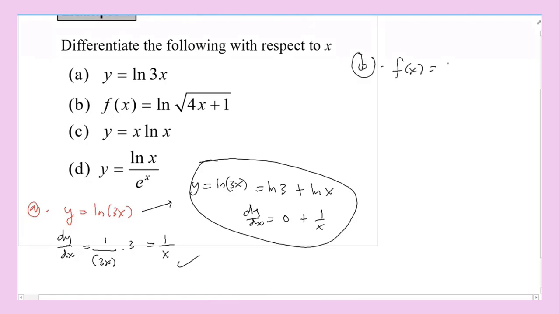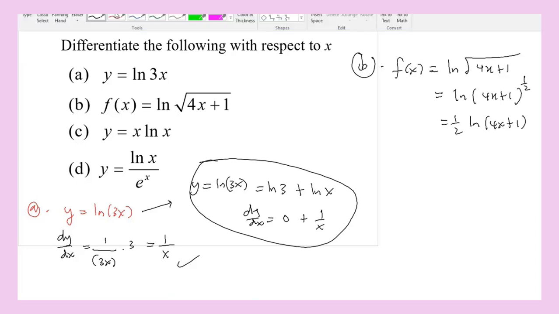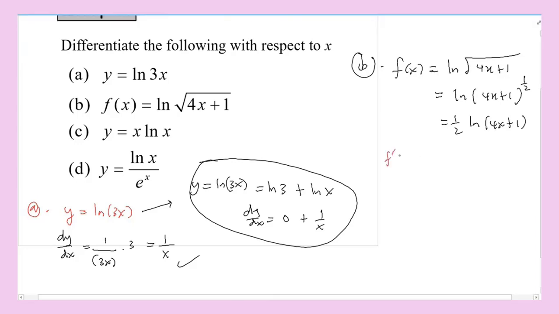Okay, and then b, f(x) is equal to ln square root of 4x plus 1. Okay. Before differentiate, simplify dulu. Jangan complicated sangat. So kita buat ni dulu. Use a property of log, half. Use the third law. Bring this one to front. Okay, then baru once you differentiate, buat f prime of x.